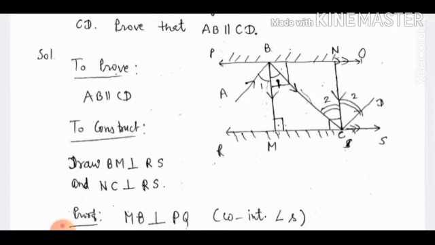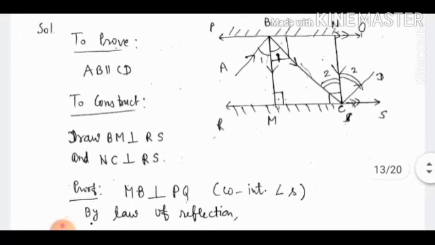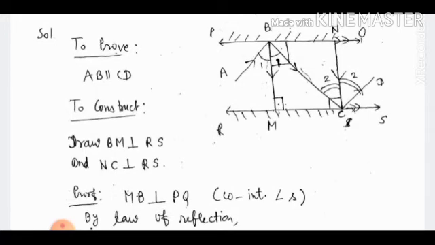So in the picture we have to construct: draw BM perpendicular to RS and NC perpendicular to RS. Proof: MB is perpendicular to PQ. Here we have drawn BM perpendicular to RS.